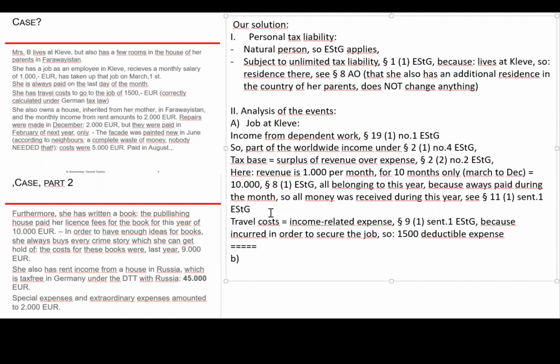Repairs were made, but they were paid in February next year only, and the facade was newly painted in June, according to the neighbors, a complete waste of time. Okay, and of money.